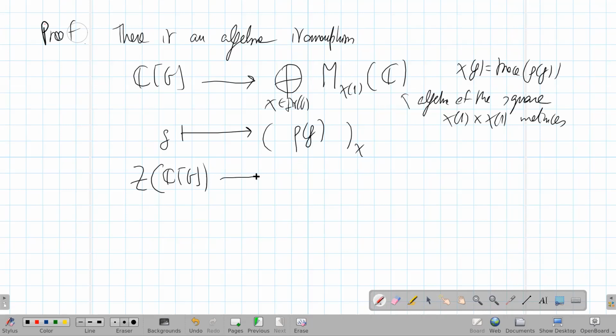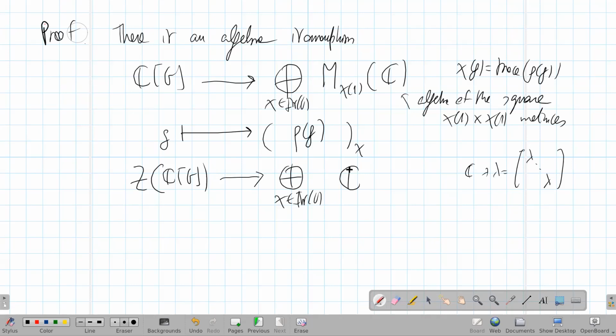So this means that we can say it is a direct sum over the irreducibles of G of copies of C, where I write lambda, an element of C, for what is really a square matrix of the proper dimension.